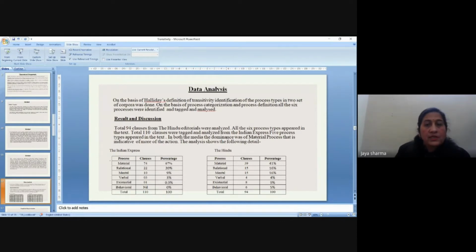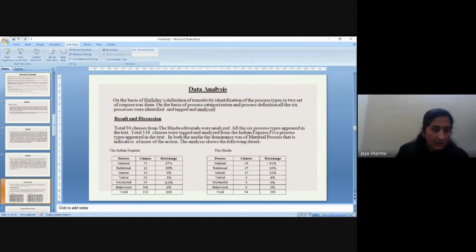In both the media, the dominance was of the material process, which is indicative of more action, and the analysis shows the following detail. In the Indian Express, the material process was in 74 clauses, which formed 67% of the total, and in the same way, in the Hindu there were 39 clauses out of 94, which formed 41% of the total.